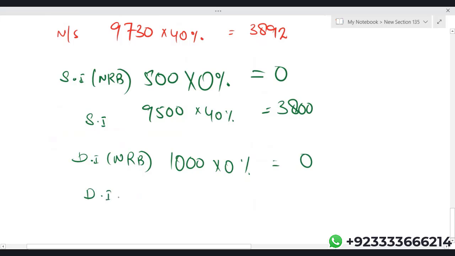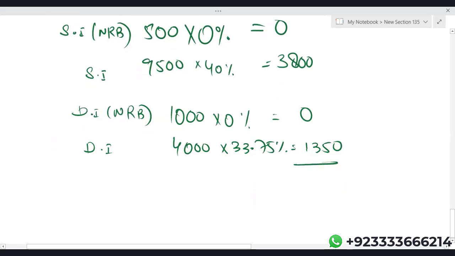Then dividend income, remaining is 4,000. Higher rate band, applicable tax rate is 33.75%. So 4,000, I'm getting 1,350.